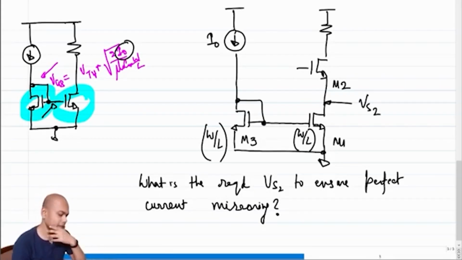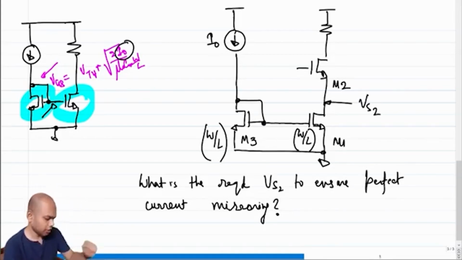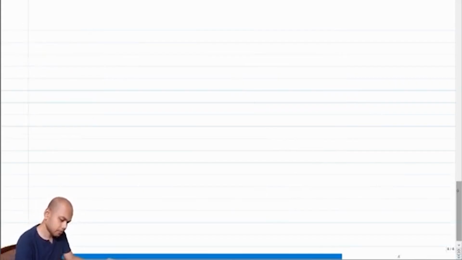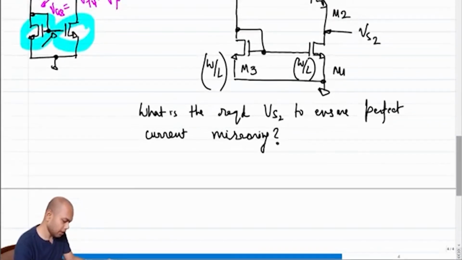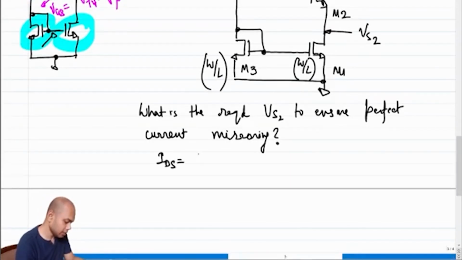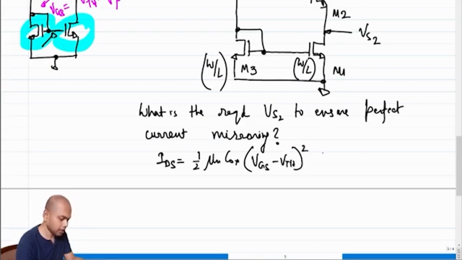So let's think about it, right. What is our current voltage equation for our transistor? The current voltage equation for the transistor in presence of channel length modulation is mu(n) Cox times VGS minus threshold voltage whole square times 1 plus lambda VDS, right. So if two transistors need to have identical currents, and they have the same VGS, same overdrive, what needs to be also identical?